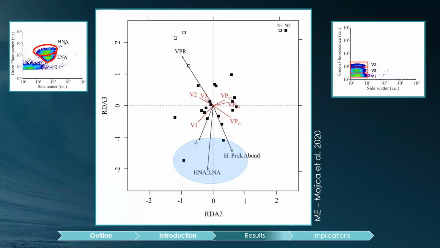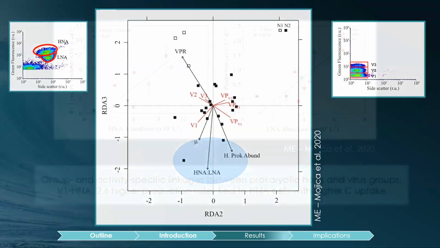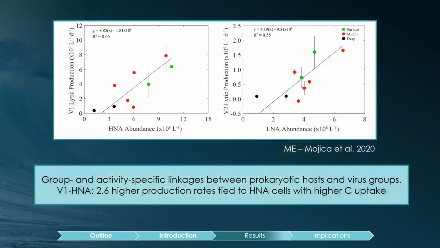This is interesting because now this is saying that these flow cytometry groups have some kind of ecological implication. If I look at this a little bit closer, looking at these V1 viruses versus HNAs, you can see that they're highly correlated, and LNAs with V2s. What's more important is that HNAs are the most productive cells, as I already suggested.